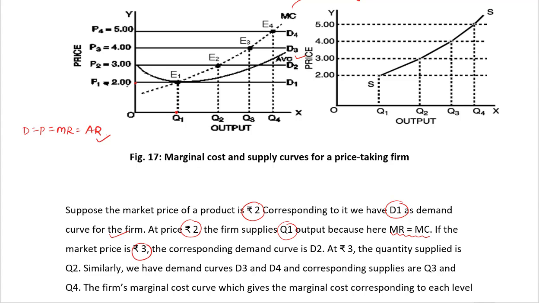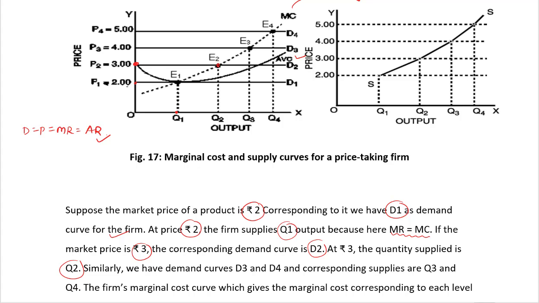If the market price is rupee 3, it corresponds to the demand curve D2. At 3, the quantity supplied is Q2, as you can see over here.